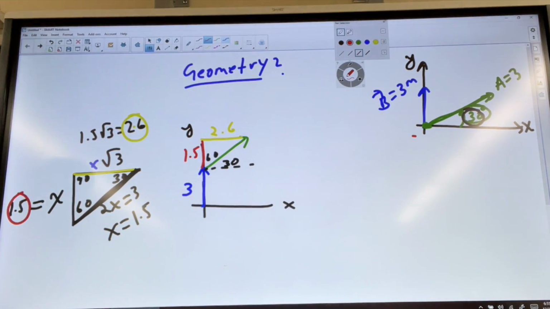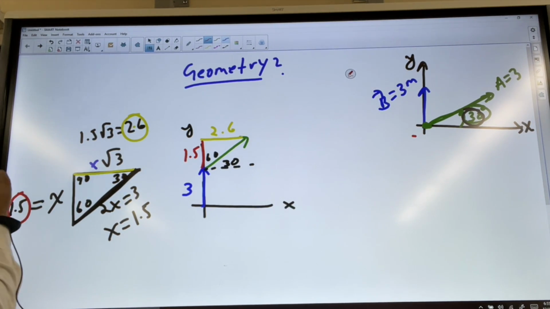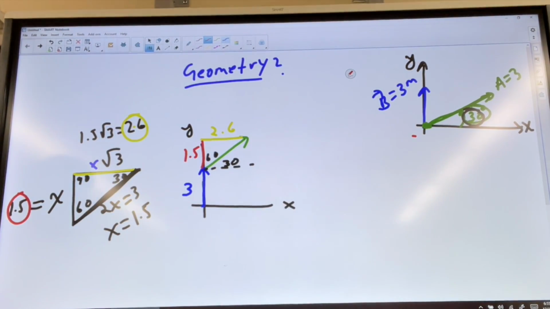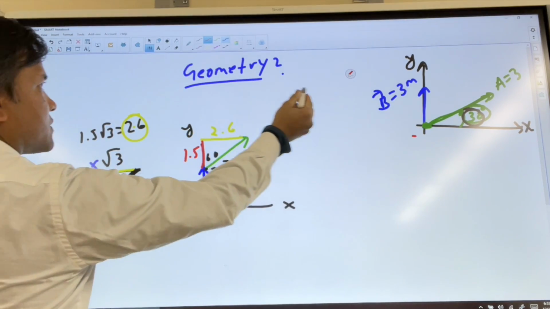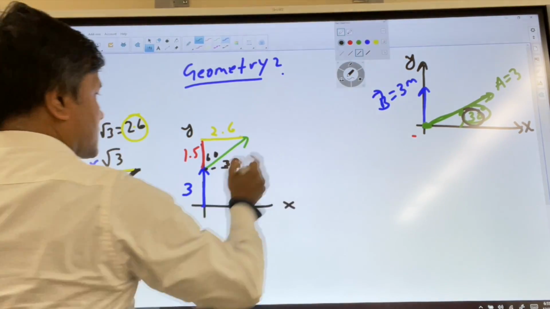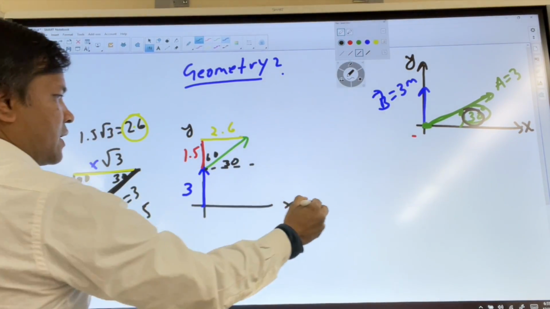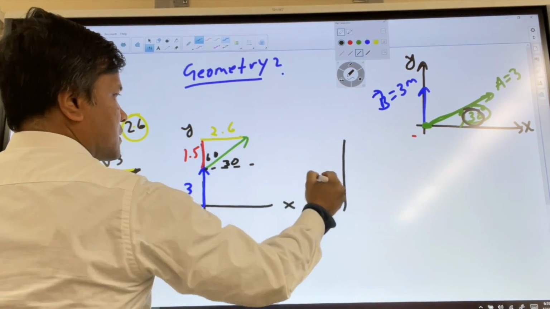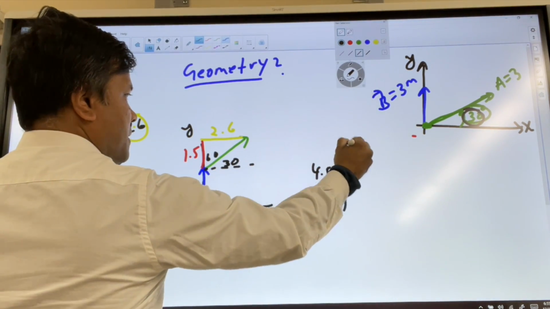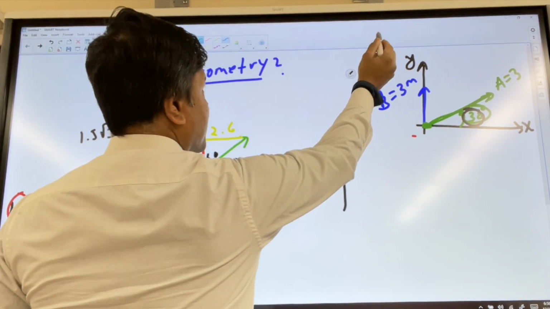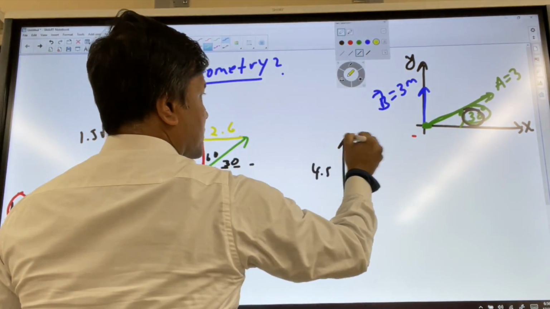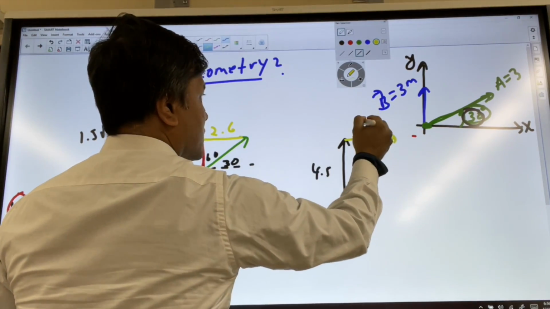All right, so now let's see how that will help us draw it. Let's go ahead and draw it. If we draw this one, what do we get? 3 plus 1.5, 4.5. And the yellow one, 1.5.